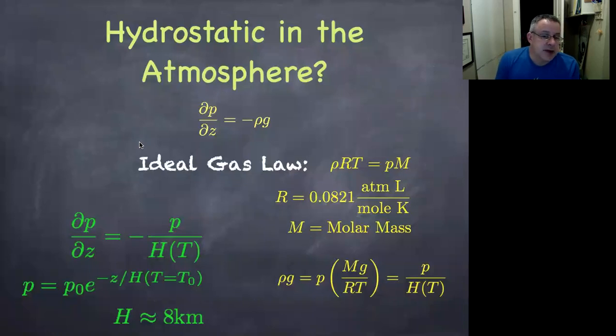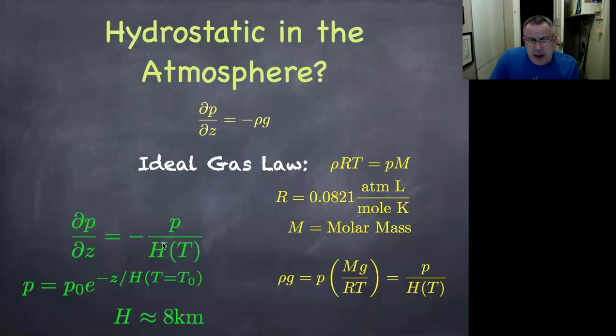So rho g equals P over (M g over R T), which equals P over something that has the units of height, that is a function of temperature. Or looking at it in the differential equation form, dP/dz equals P over something with units of height that's a function of temperature.